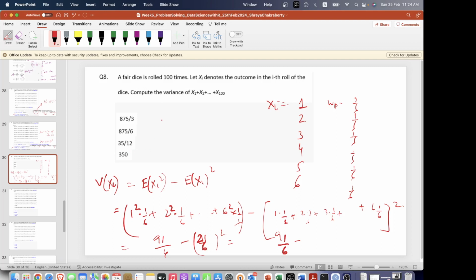So if we have values like this from A to B with masses 1 by B minus A, no, this would be an example of a continuous distribution.